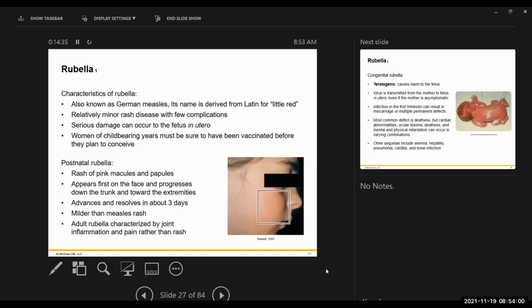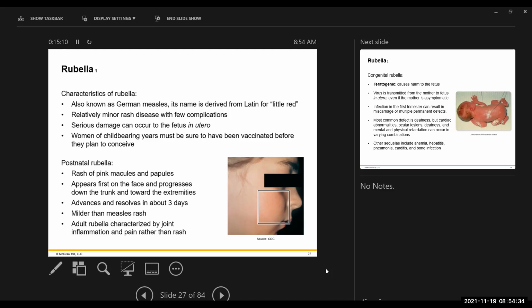Some people may present with flu-like symptoms. This can include a mild fever, joint pain. That joint pain is called arthralgia. That's joint pain. Post-auricular lymphadenopathy. So you'll feel here, you take your fingers and you now go behind the ears.